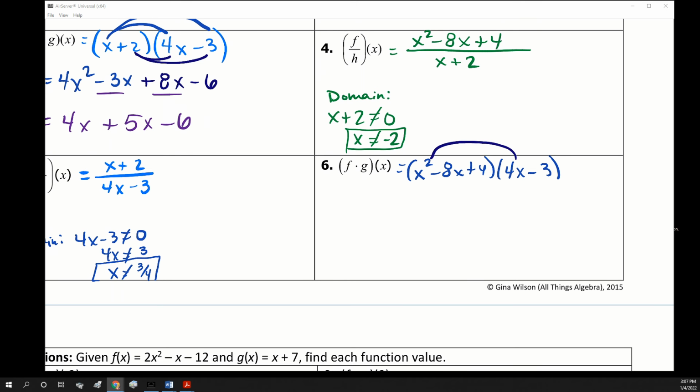So let's distribute 4x. So we're going to multiply 4x by x squared, and that's going to give us 4x cubed. Right? Then we'll multiply 4x by negative 8x, and that's going to be negative 32x squared. And then finally, 4x times 4 is 16x.